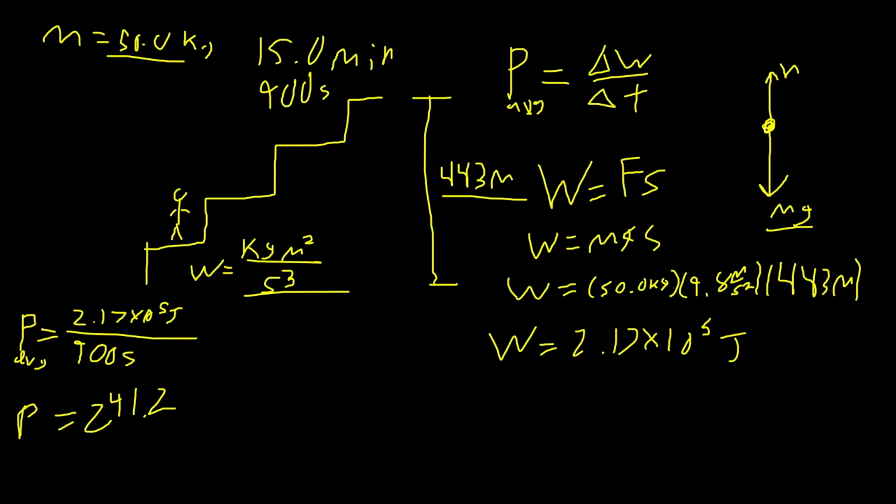Now let's convert this into kilowatts. Remember we divide this by 1,000, which gave us 0.241 kilowatts.